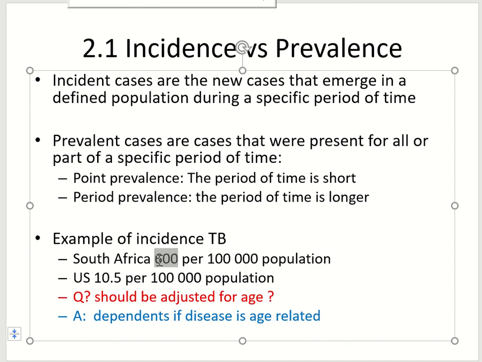If these are new cases, newly developed in that specific period of time, then these are incident cases, and the incidence rate would be the 600 over the 100,000 population. Versus if they have tuberculosis now and they're not new, then that would be a prevalent case.